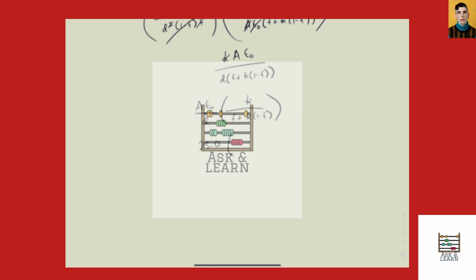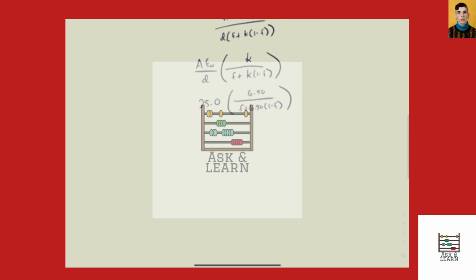This is 25 microfarads times 6.5 over F plus 6.5 times 1 minus F. So as a function of F, we get 162.5 over F plus 6.5 times 1 minus F.